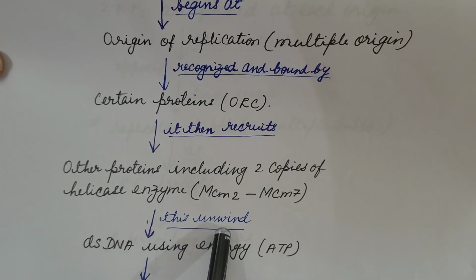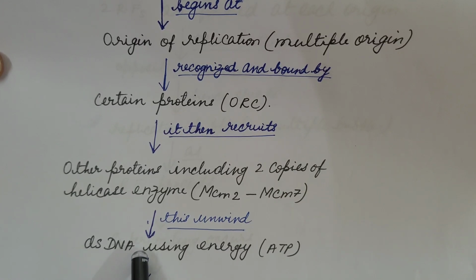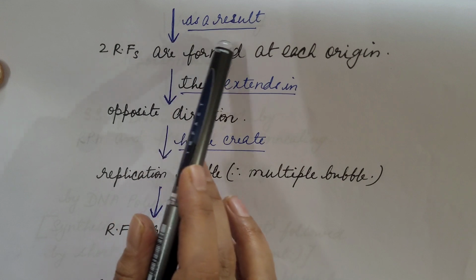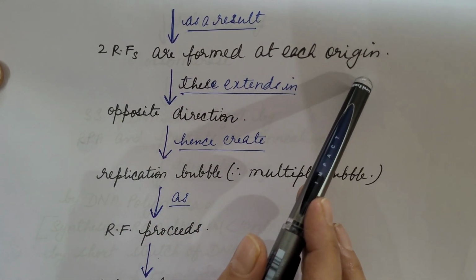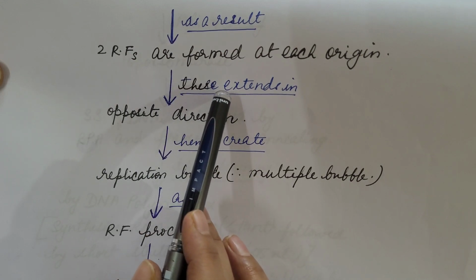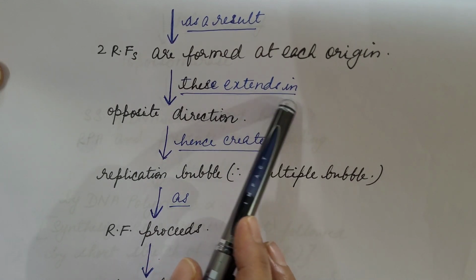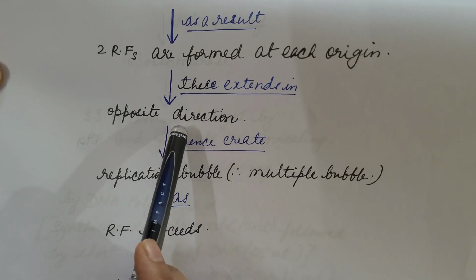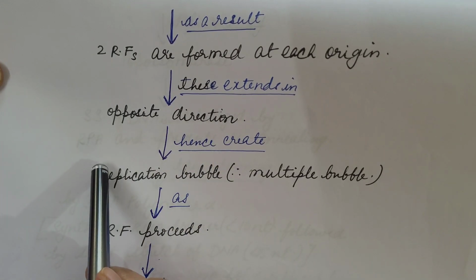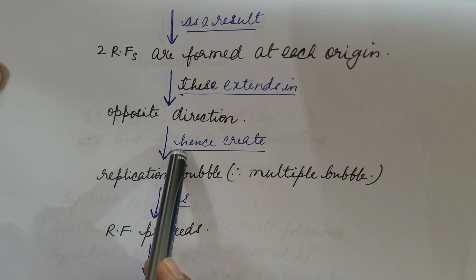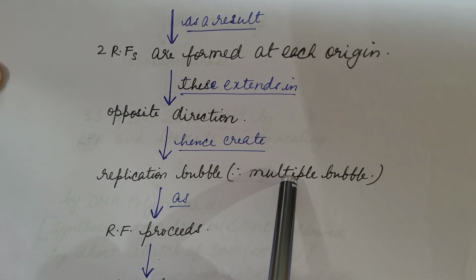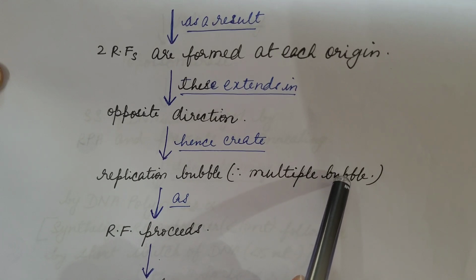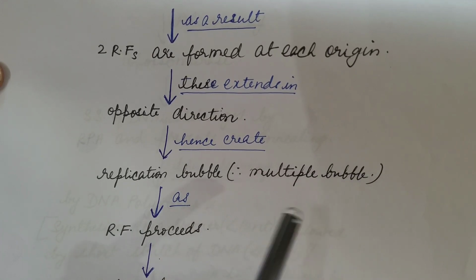Helicase then unwinds double-stranded DNA using energy in the form of ATP, as a result of which two replication forks are formed at each origin, and these replication forks then extend in opposite directions. Hence, two replication forks moving in opposite directions create a replication bubble. Because there are multiple origins, multiple replication bubbles are created.